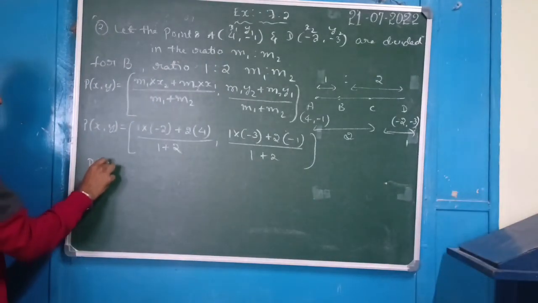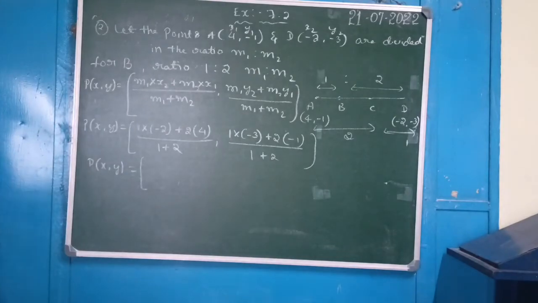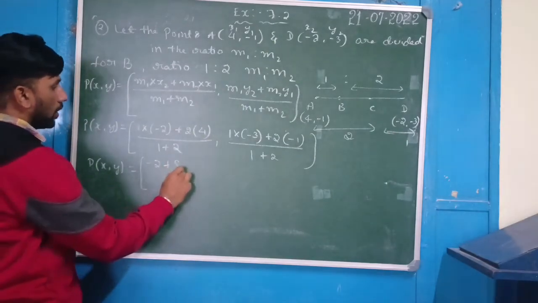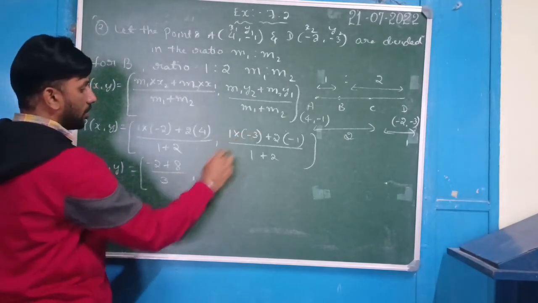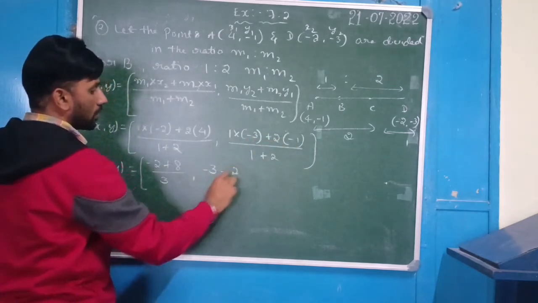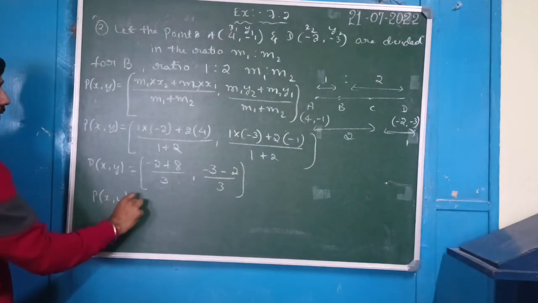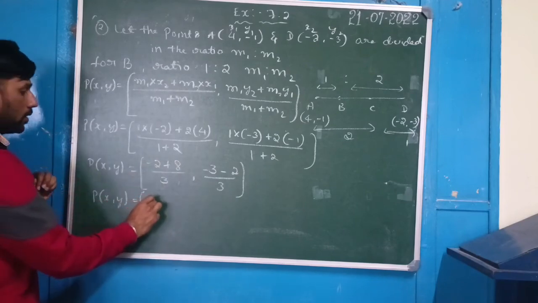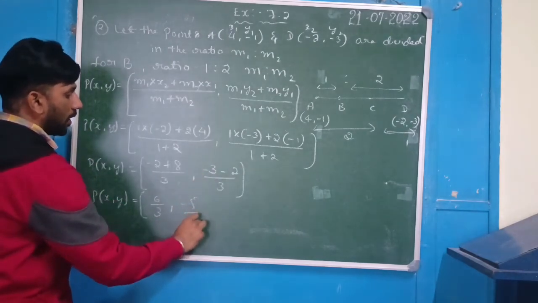So therefore P of x comma y equals, 1 2s are 2, it's -2 plus 4 2s are 8, divided by 3, comma, plus into minus is minus 3 1s are 3, plus into minus is minus, 2 1s are 2, by 3. So 8 minus 2 is 6 by 3, comma, minus 3 minus 2 is minus 5 by 3.